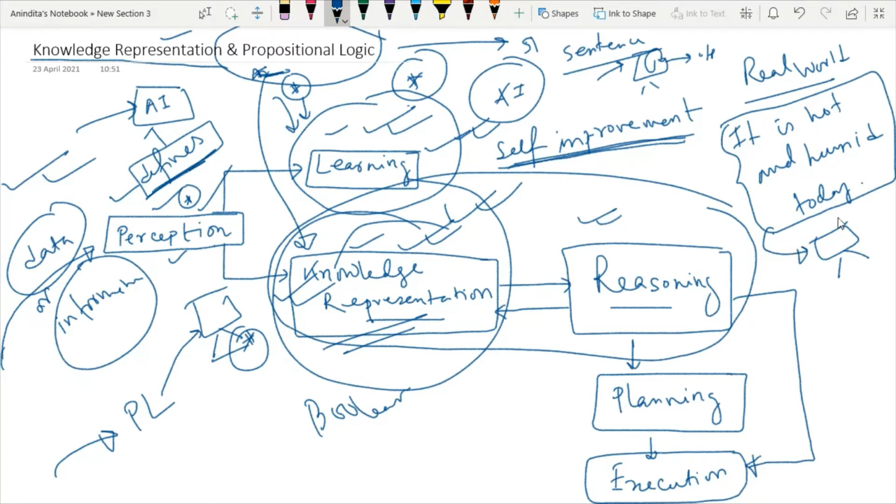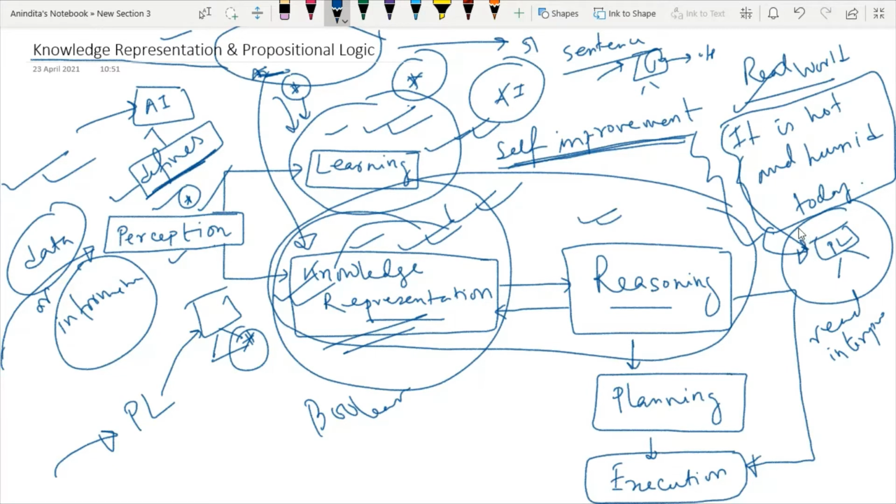But if we can create a propositional logic for this sentence, then we can make this machine read and interpret the message which is gathered from the real world.